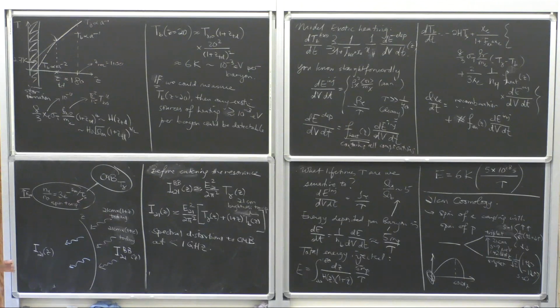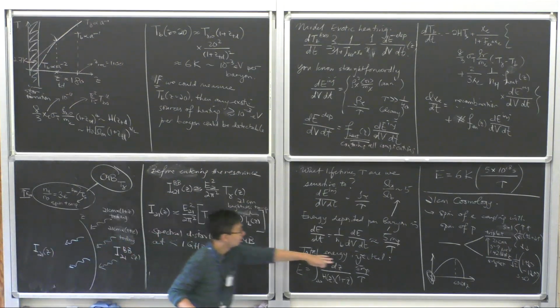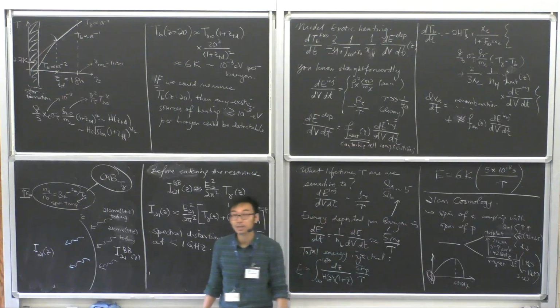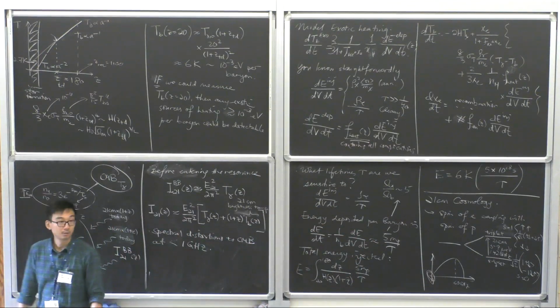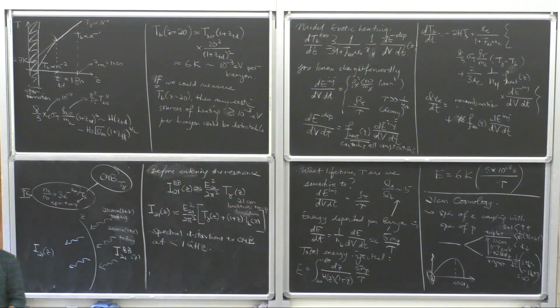But 21cm is really just looking at spectral distortions at the very low tail of the CMB and trying to see if there's any change to the CMB because of the presence of neutral hydrogen gas. Okay? Any questions about the setup?